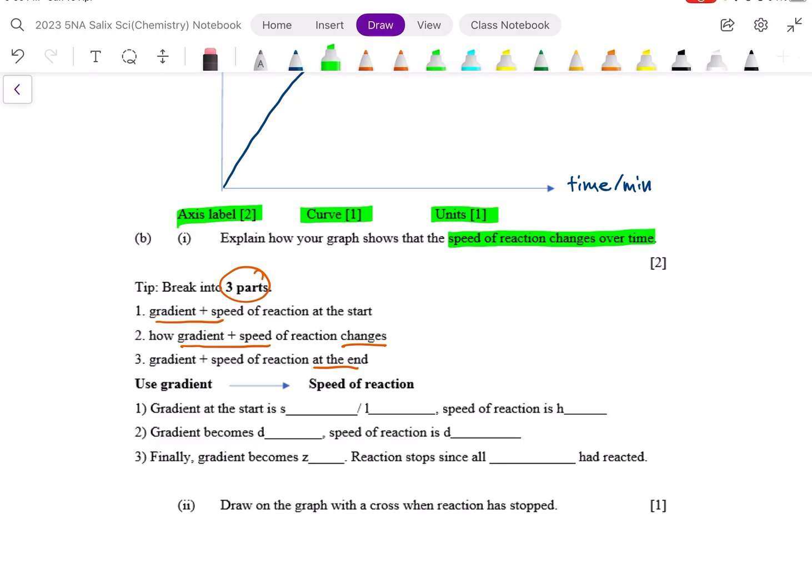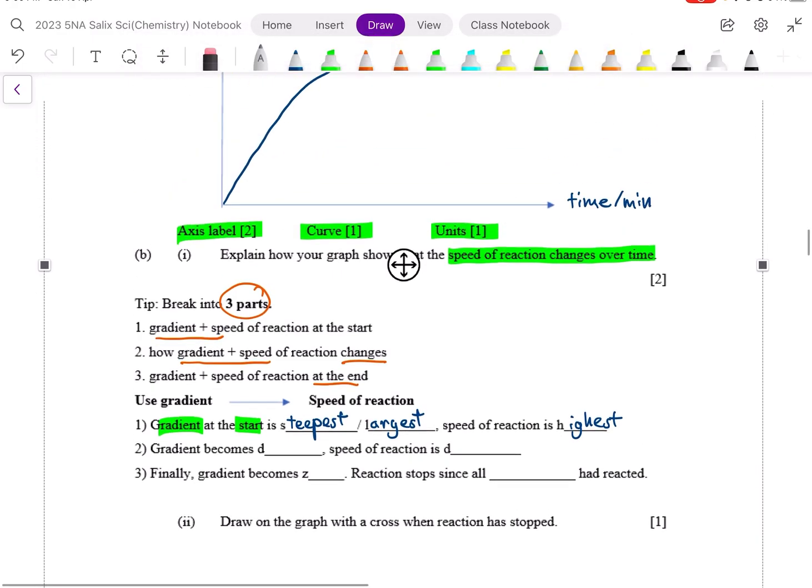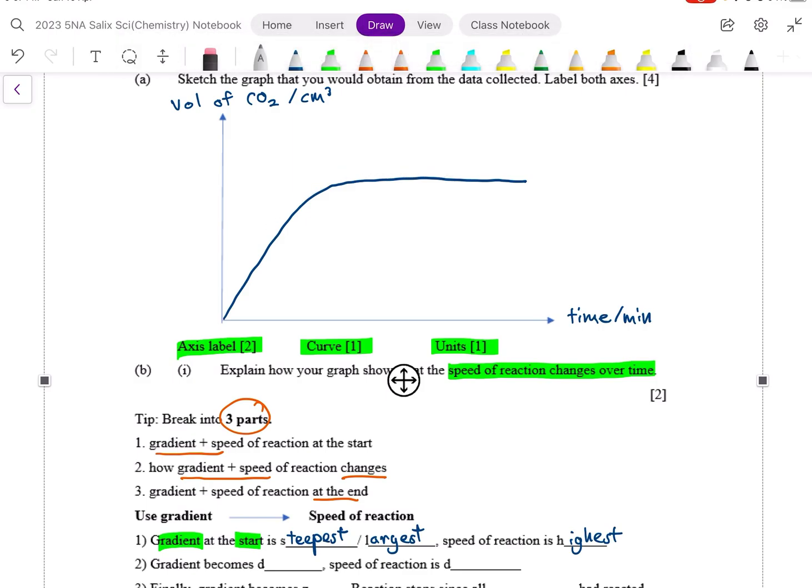Gradient at the start: it's the steepest, or you can simply say largest, which means the speed of reaction at the start is the highest. This can be seen if I draw a tangent. Eventually the tangent becomes 0. Initially it is very steep, then more gentle, then becomes 0.